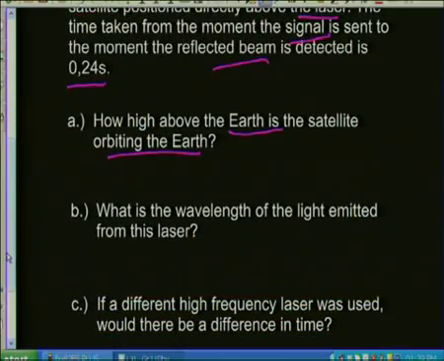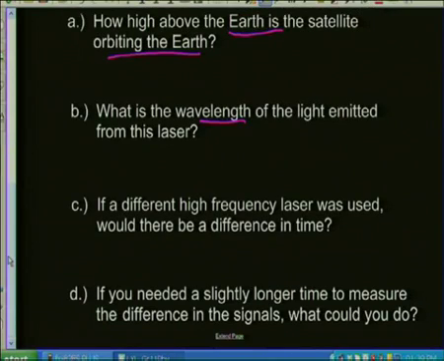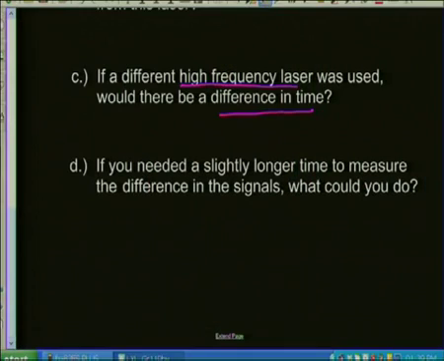So then it says, what is the wavelength of the light emitted? And the next one, if a different high-frequency laser was used, would there be a difference in time? That's an interesting idea. Perhaps we can explore that a little later as we come to it. And then, if you needed a slightly longer time to measure the difference in signals, what could you do?